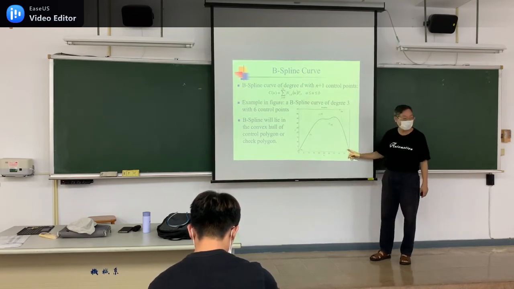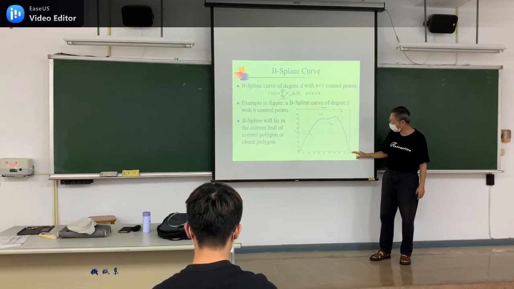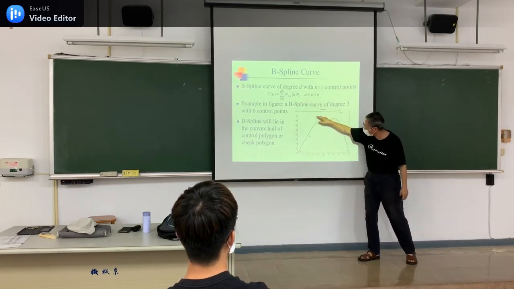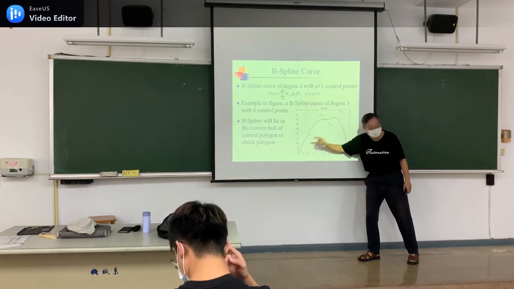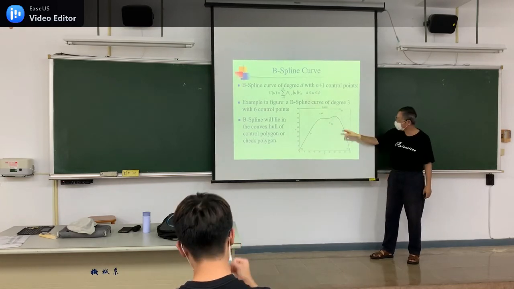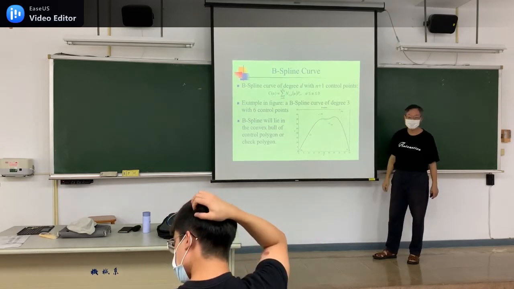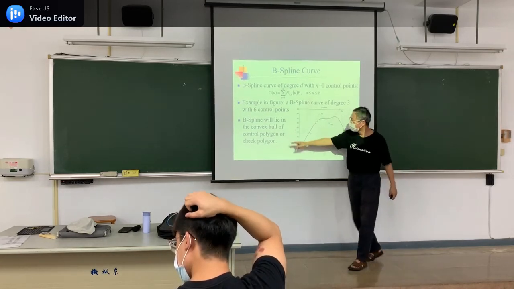So for this example, the convex form means this here up to here and up to here. Like this. So this is inside. This is inside. So this is what we call convex form.